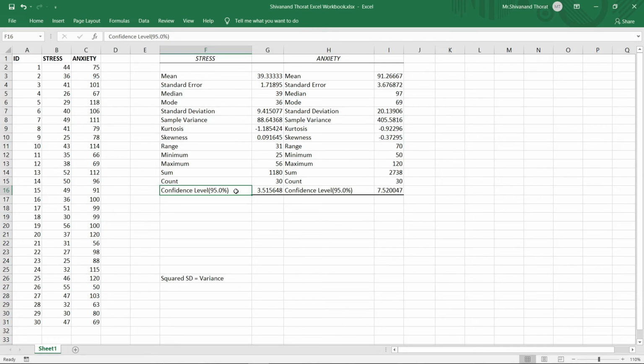In this case, it will be mean minus CL95, equal to mean minus confidence level 95, and mean plus CL95, equal to mean plus confidence level at 95%.